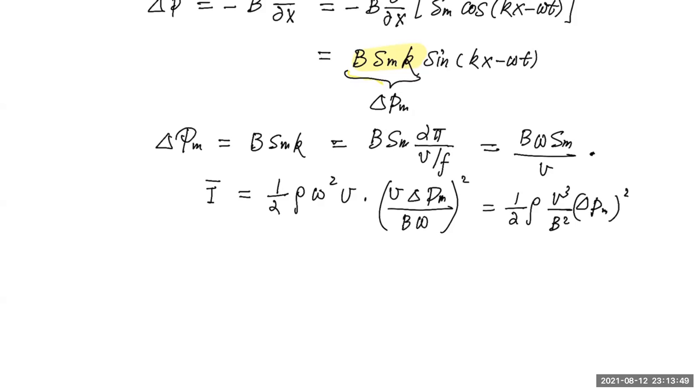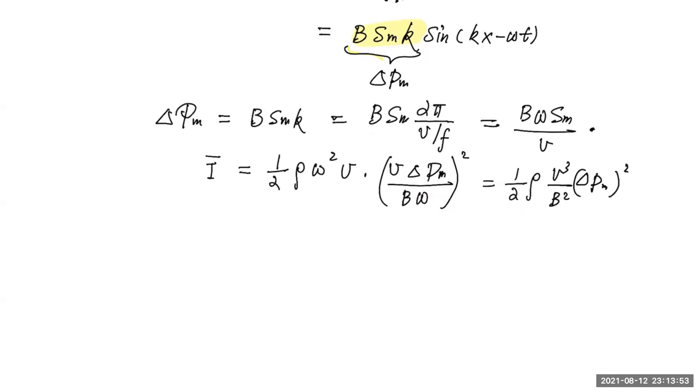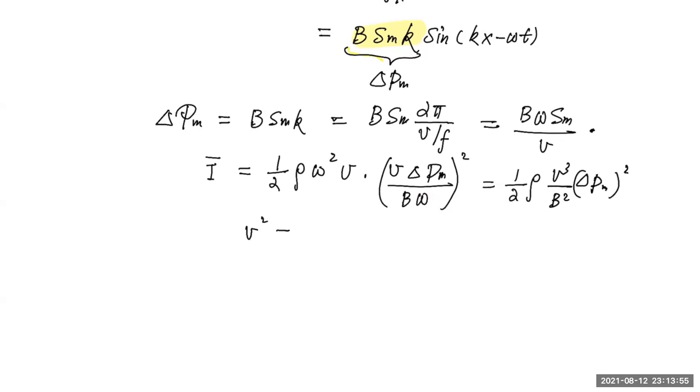Now, don't forget, B is in the expression for V. I have that V squared equals B over rho. Remember that? So I'm going to replace V squared with B over rho. Then I have 1/2 rho, one V left, and the V squared replaced by B over rho, divided by B squared, and multiplied by delta P maximum squared.